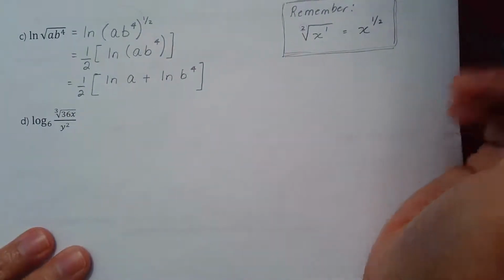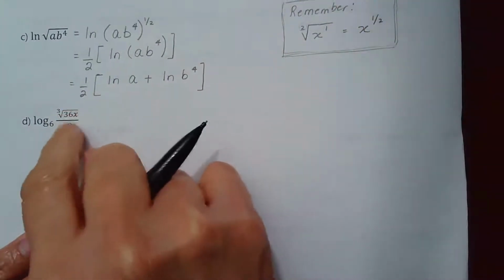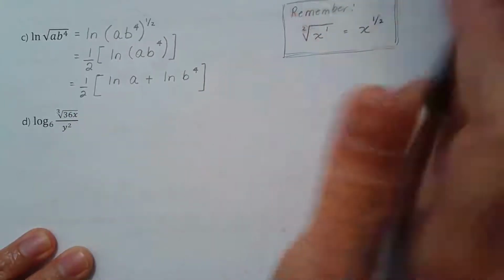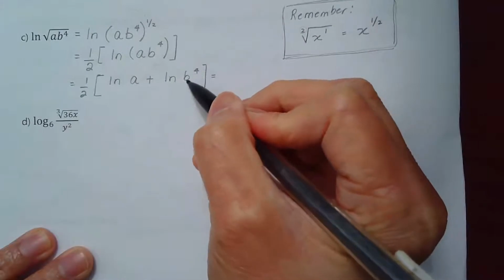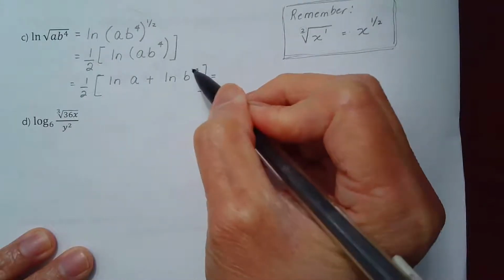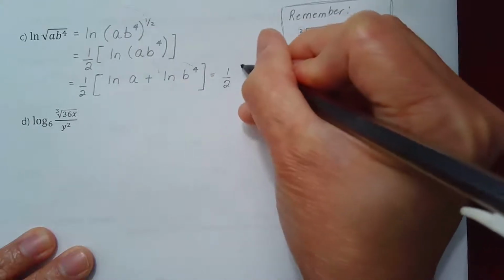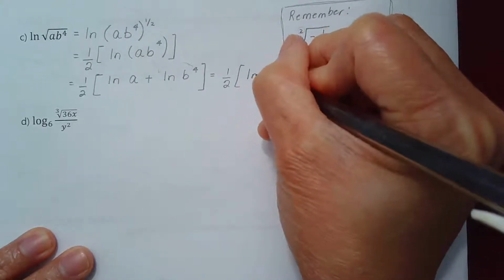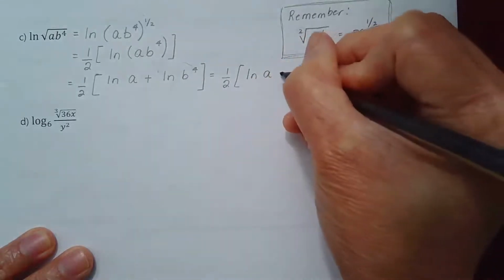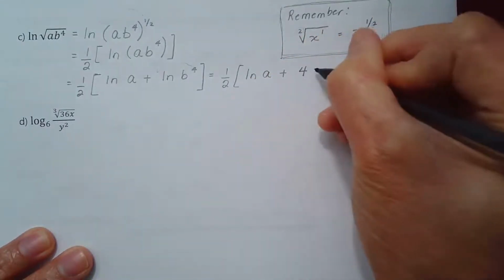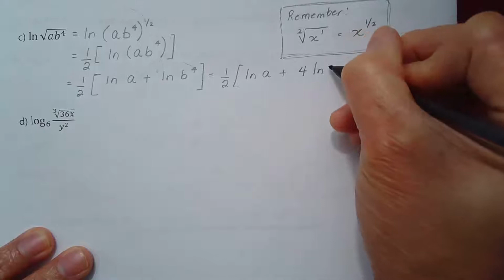I'm quickly running out of room, so I'm just going to switch over to this side here. I can see that b is raised to the exponent 4, so I can bring that 4 to the front. So it's going to be 1/2 natural log of a plus 4 times natural log of b.